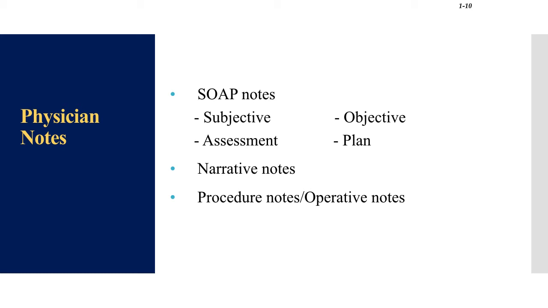The assessment is essentially the diagnostic statement. This is the physician's determination of what is going on with the patient. This may be confirmed diagnosis, or it may be signs and symptoms that support the plan, which is coming up. The plan is going to explain what the physician wants to happen next.